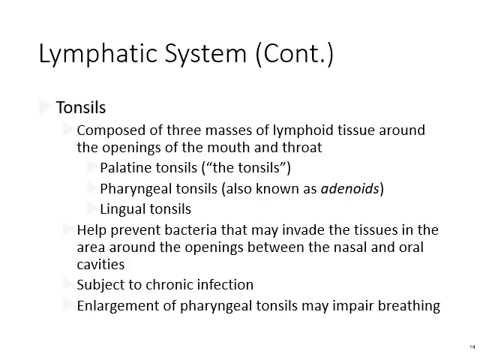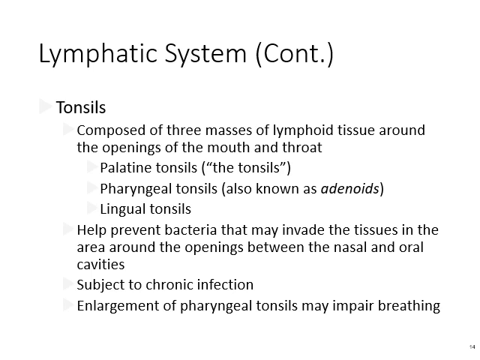The next lymph organs are the tonsils. The tonsils are composed of three masses of lymphoid tissue around the openings of the mouth and the throat. There is the palatine tonsil, which you'll hear most of the time called just tonsils. You have the pharyngeal tonsil, which is also known as adenoids, and the lingual tonsil.